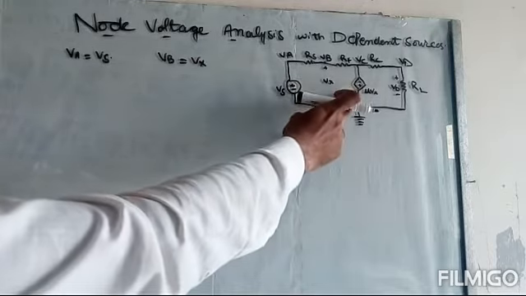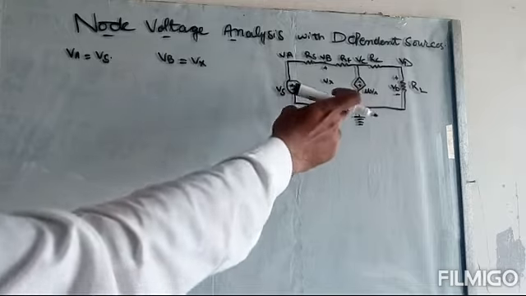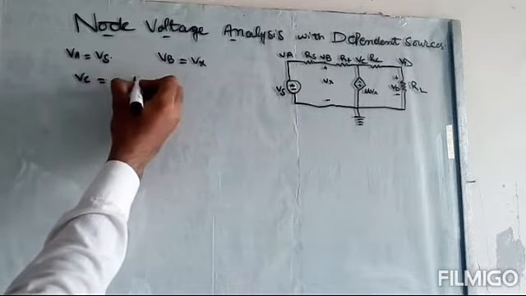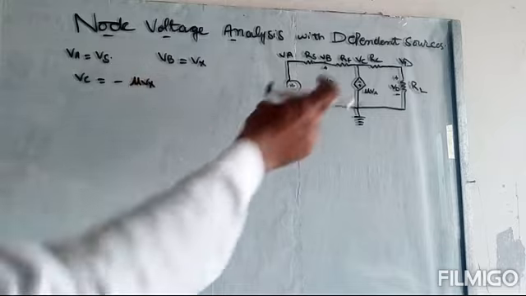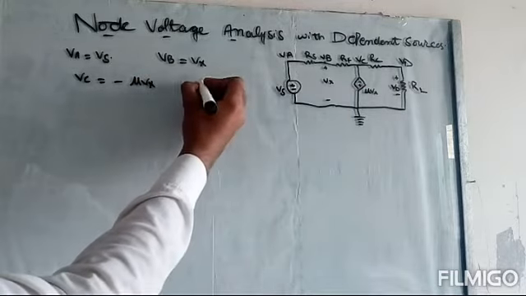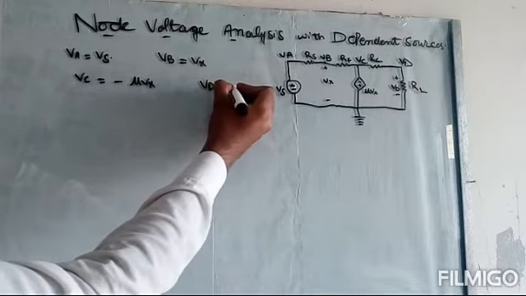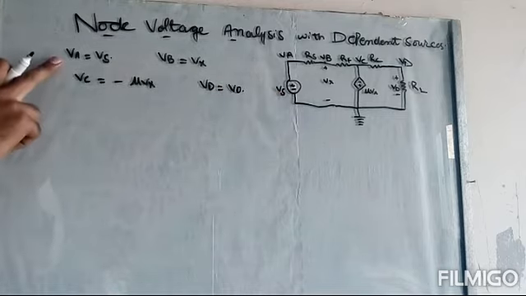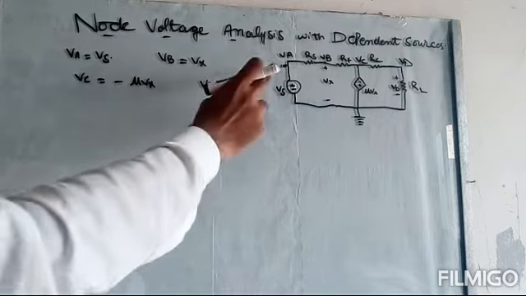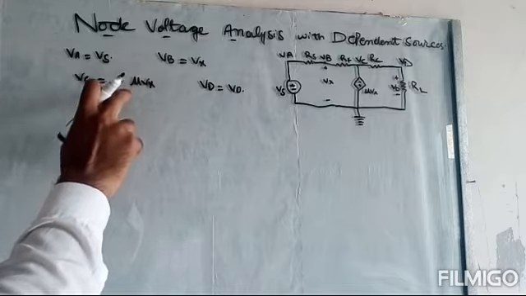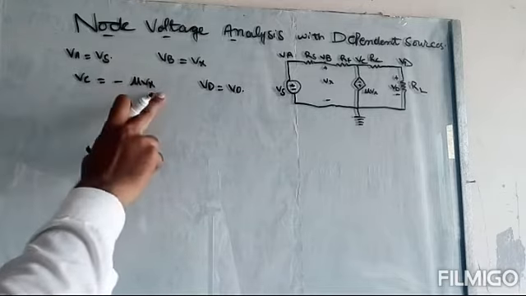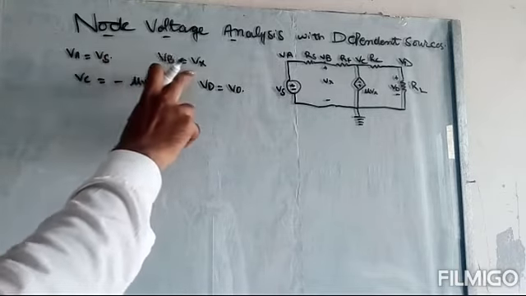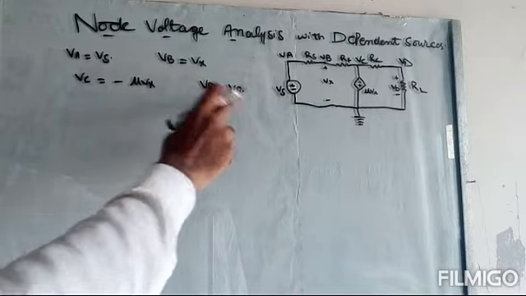VC is equal to the dependent source voltage, so VC is equal to minus mu Vx. VD is our output voltage, so VD is equal to V0. VS is the source voltage, which is known. VC is equal to minus mu Vx, which is also known if we know Vx. So the only unknowns are VB, which is Vx, and VD, which is V0.